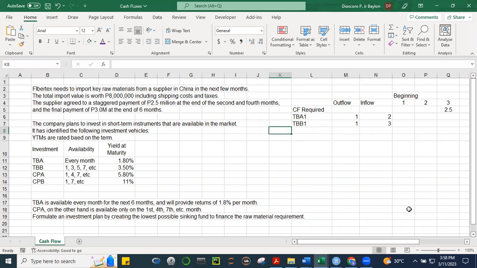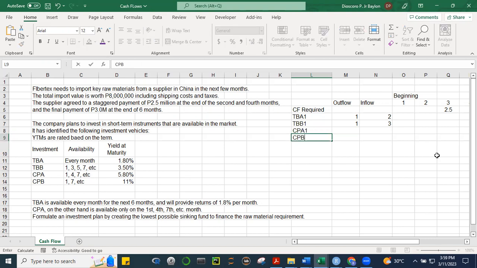So are there other instruments that we can invest in month one? CPA and CPB, they're available on the first month, right? Take a look at the availability here. So we can invest in CPA month one and CPB month one. For CPA, the outflow will be on month one also.